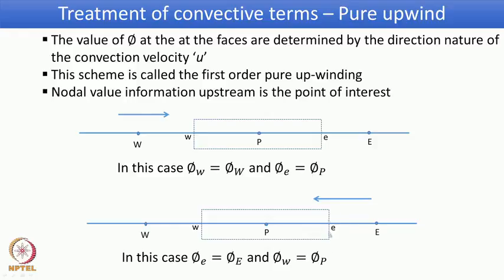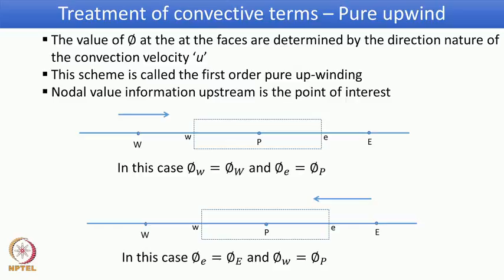So, phi at east is the same as phi at east node, because for this face, for the direction of the flow shown, the upstream node is E. Similarly, on the other side, for this face, the upstream node is the node of interest P itself for the direction of the flow that we have shown. That is why phi at west face is the same as phi at node P. So, you can see the difference between central type of approximation and pure upwinding.